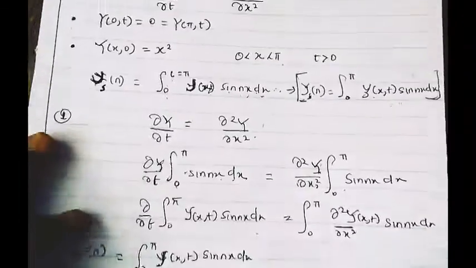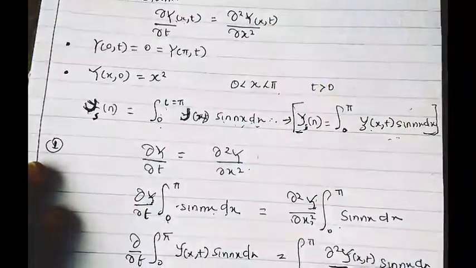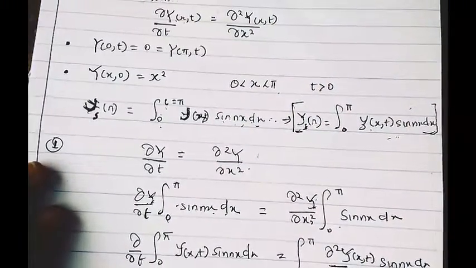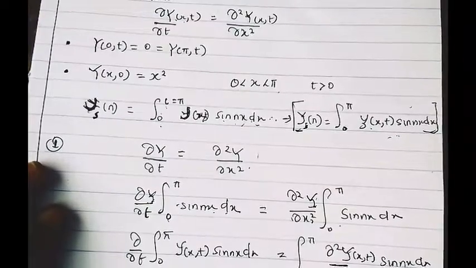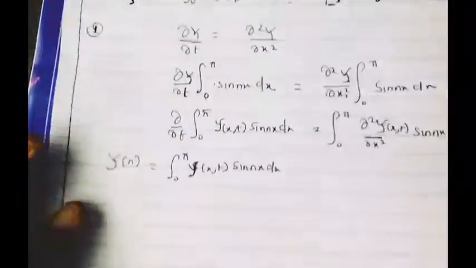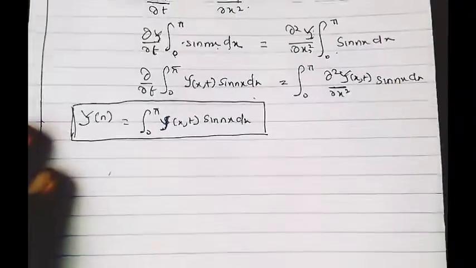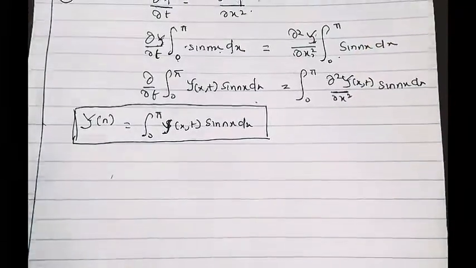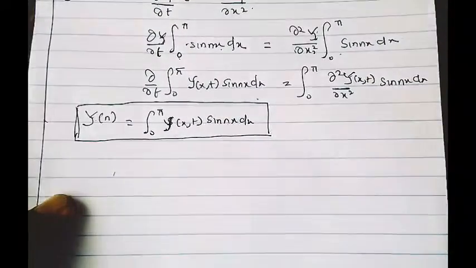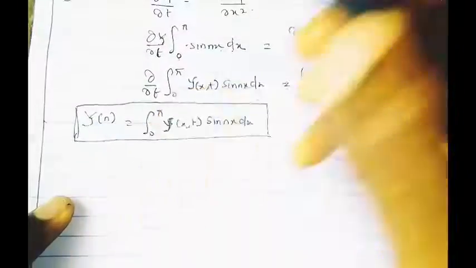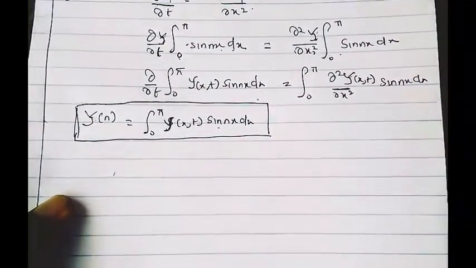Now remember, I just replaced the f on the usual formula we know. I just replace the f with the y. So this is the formula we are working with. So even when they asked solve the PDE using finite cosine transform, you just replace the f with the dependent variable given and use the same formula.